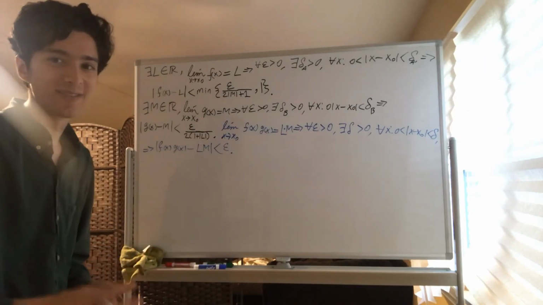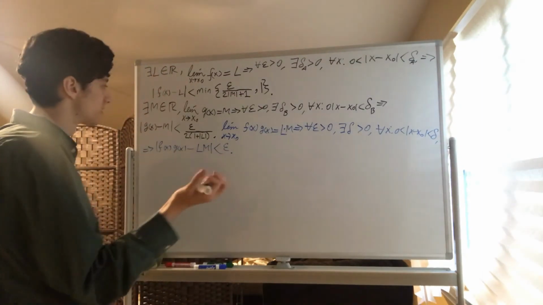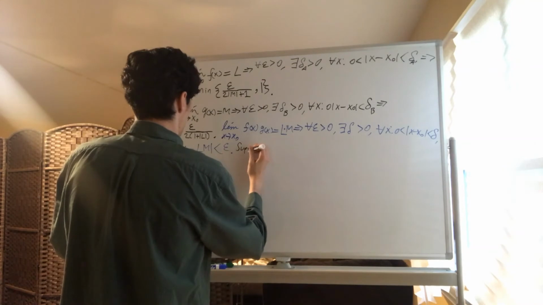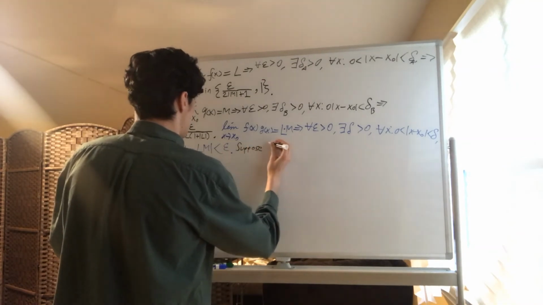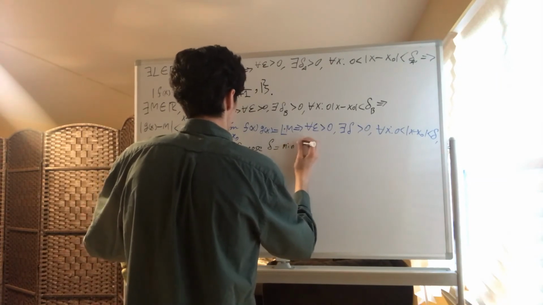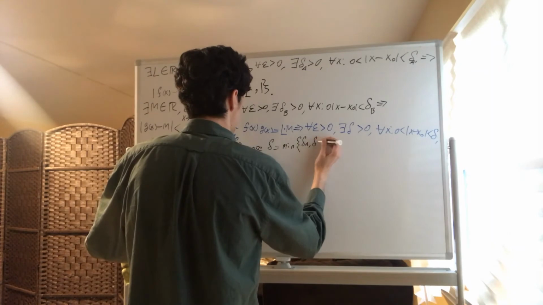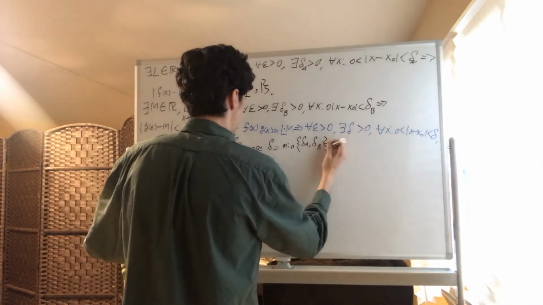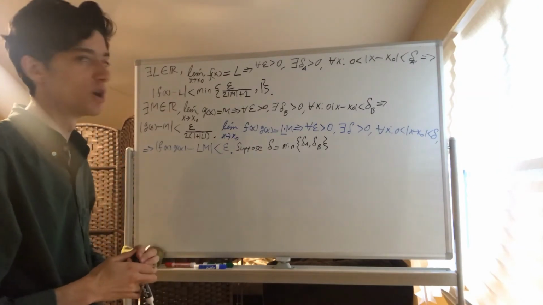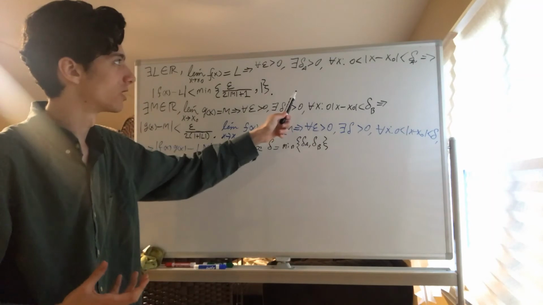So the first thing we have to do is find our delta. So in this case, we suppose that delta is equal to the minimum between delta A and our delta B. And essentially what we're doing here is that we're getting access to both of the pieces of information that we get from each limit definition.